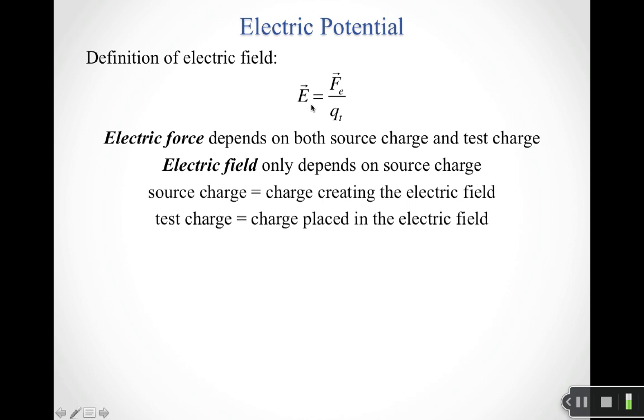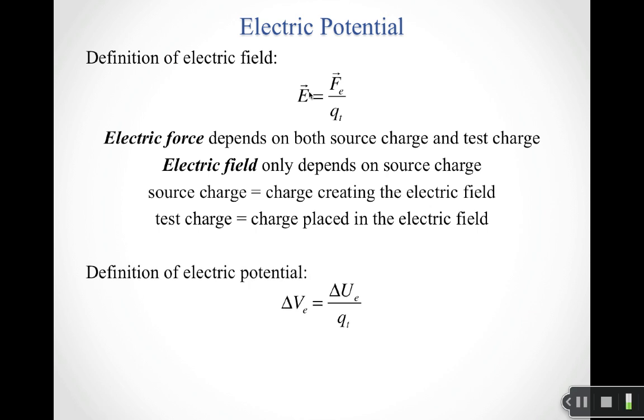Just to be clear about what we're defining, the source charge is another way of saying the charge that's creating the electric field, and the test charge is the charge that I'm placing into that electric field. So the electric force depends on two charges, both source and test. The electric field just depends on one.